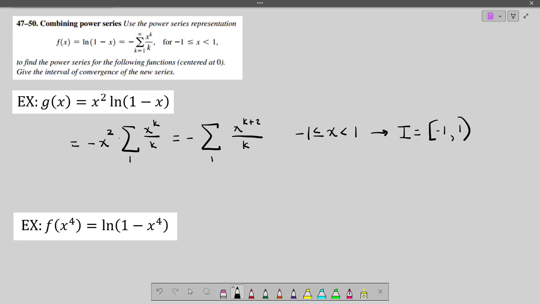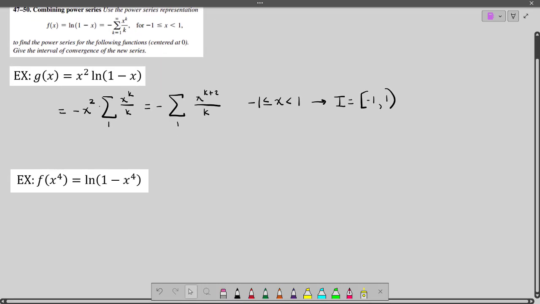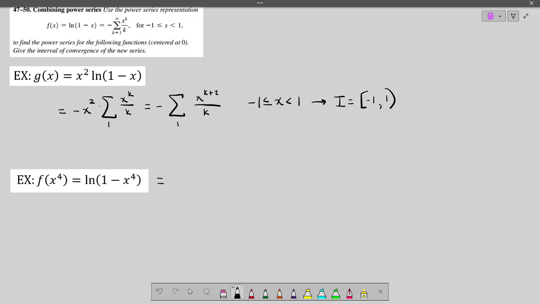Okay, next one is a substitution again. Next one is a substitution. So we're going to take the x up here and replace it with x to the 4th. So all the x's become x to the 4th. We're replacing x with x to the 4th. So we come up there. Okay, there's a negative, and then we have our series, which starts at 1, not 0.